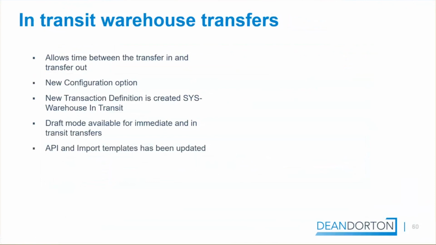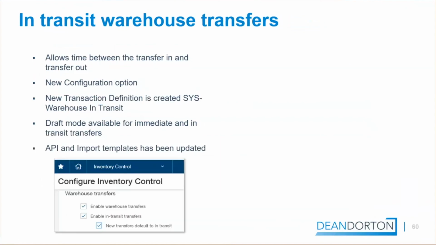You can now manage in-transit warehouse transfers, which can allow time between the transfer in and out for that movement. New configuration options, new transaction definition is created for the in-transit transaction. Draft mode is available, and of course, the API and the import templates have been updated.